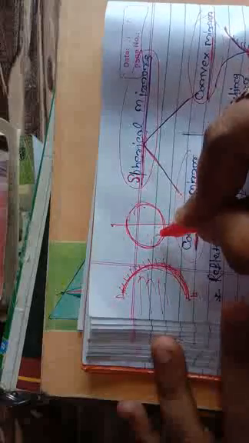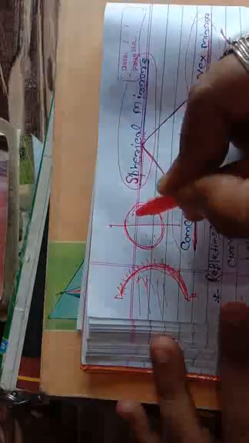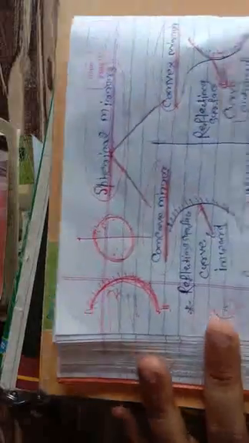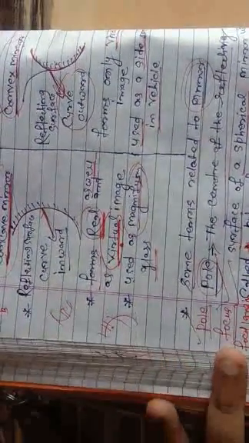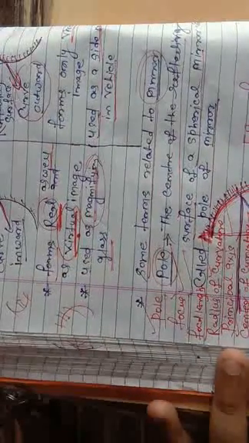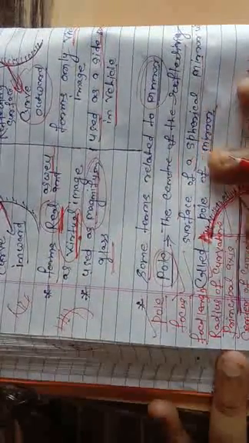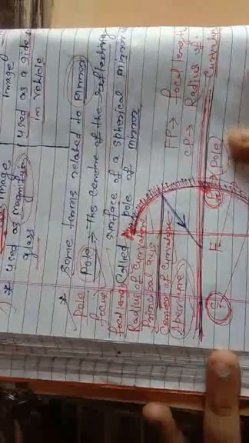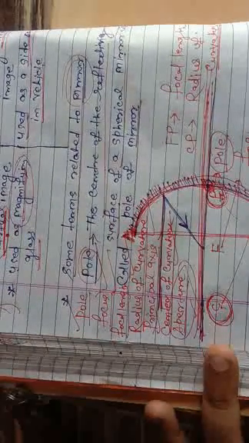One is the concave, another is the convex. This is concave and this is your convex. So the center of curvature is the center of the spherical mirror.